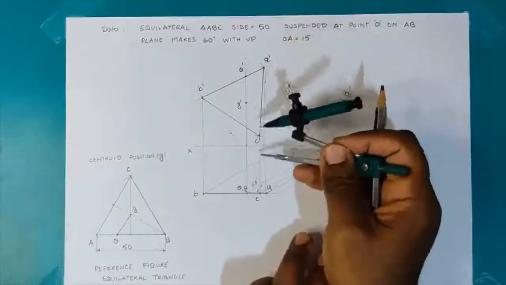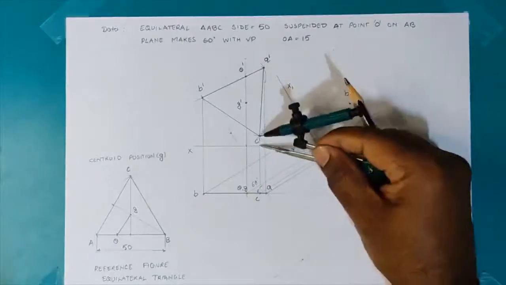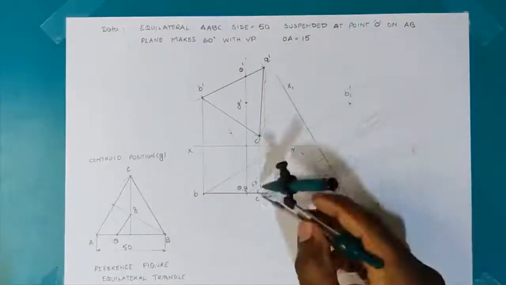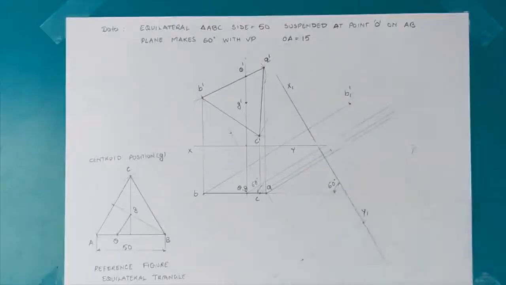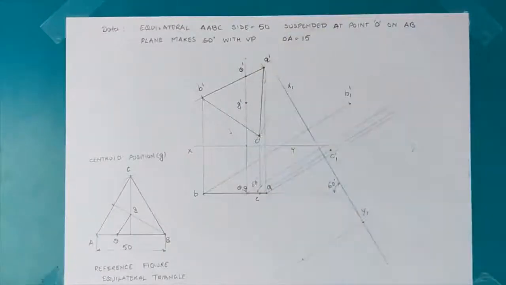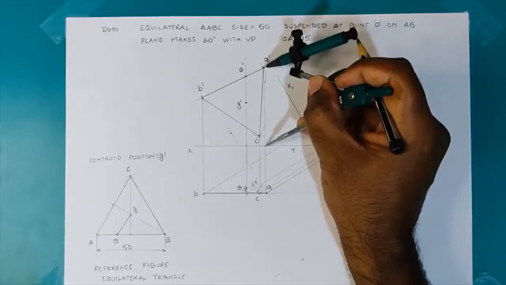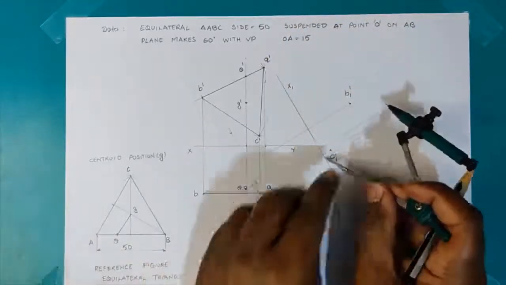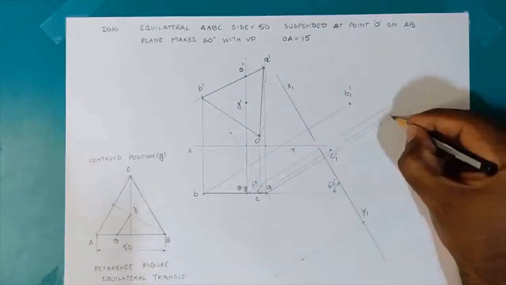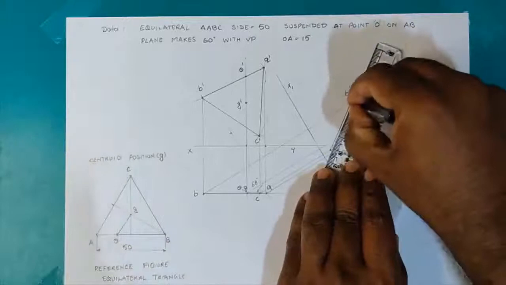Similarly for point C, I take distance from xy to point C, and on the projector of the top view C, I take distance from x1, y1 and mark it on the projector to get c1 dash. Similarly for A, I take distance from xy to a dash, follow the projector and take an arc from x1, y1, and I get the intersection with the projector. So I get point a1 dash.